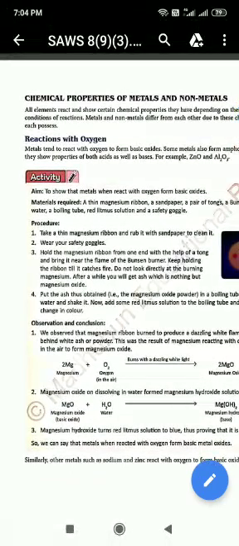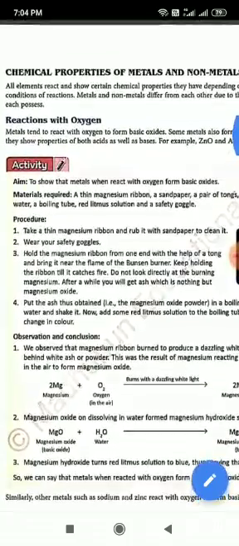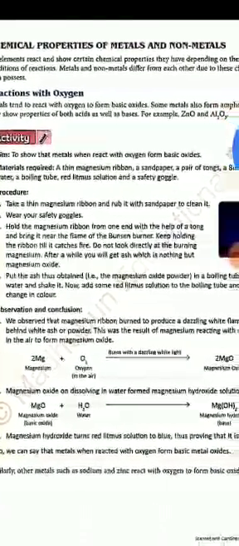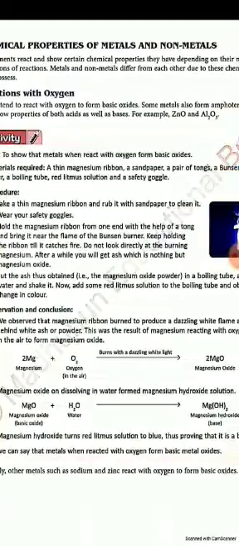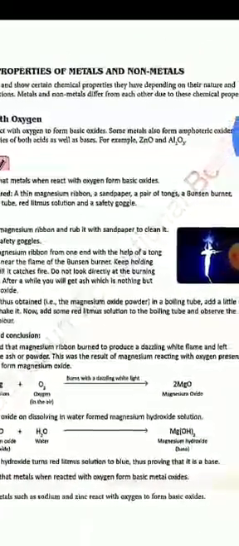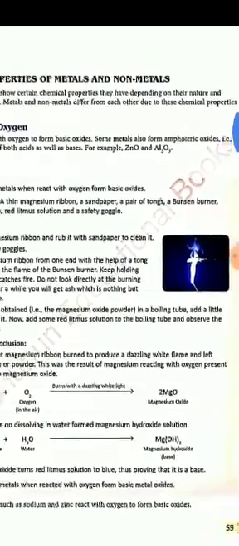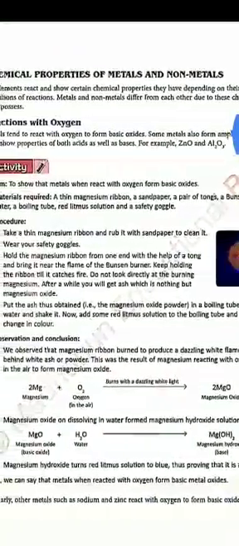Some of the important chemical properties of metals and nonmetals are: first is reaction of metal and nonmetal with oxygen. Metals react with oxygen to form metal oxides, which are basic in nature. Some metals also form amphoteric oxides.